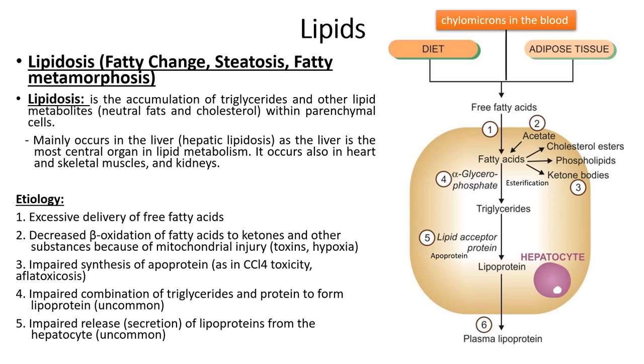Or impaired synthesis of apoprotein. This happens in carbon tetrachloride toxicity and aflatoxicosis. So in these conditions, carbon tetrachloride toxicity leads to deficiency of apoprotein, which is very important in binding of triglycerides to the protein and then creating lipoprotein.